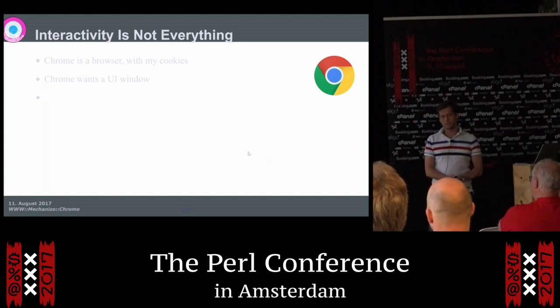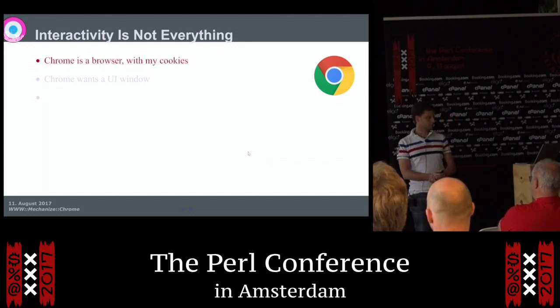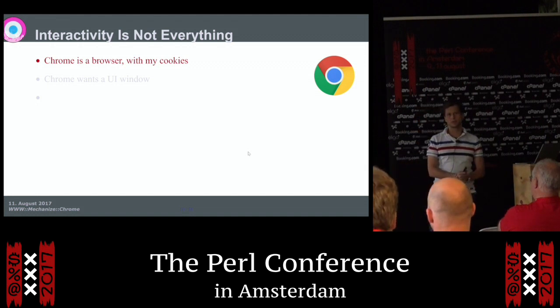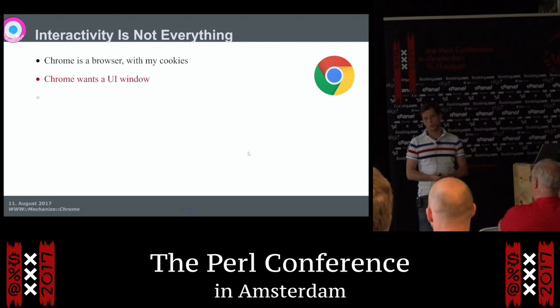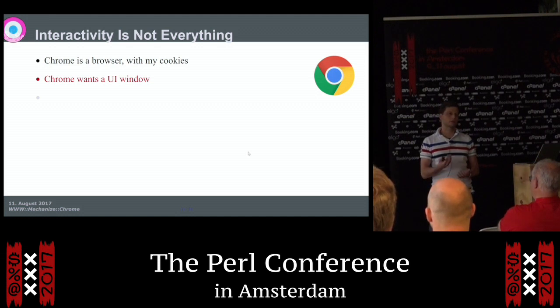Interactivity is great, but it's not everything. Chrome is a browser, and usually it is my browser with my cookies and everything. So that's not necessarily the best thing. And also, Chrome really wants a UI window, which is not that great if I want to run something from a cron job or on Travis CI.